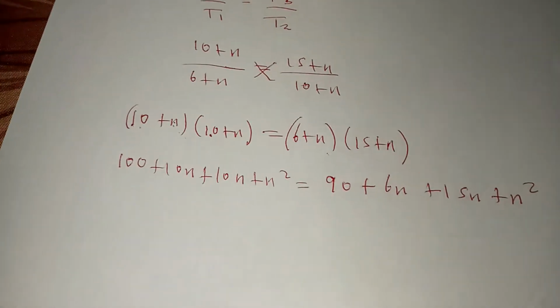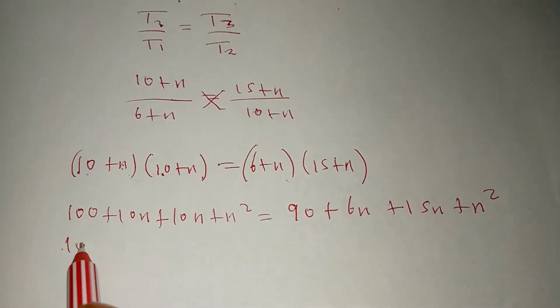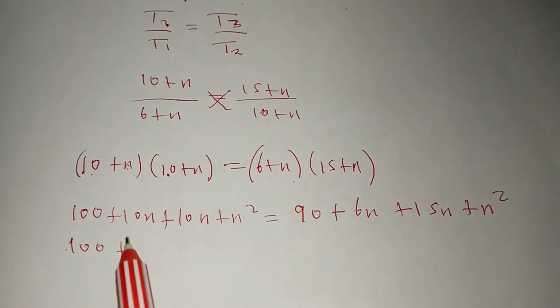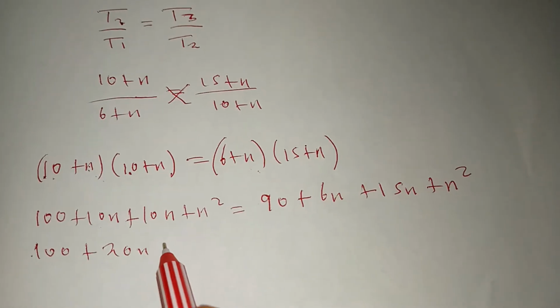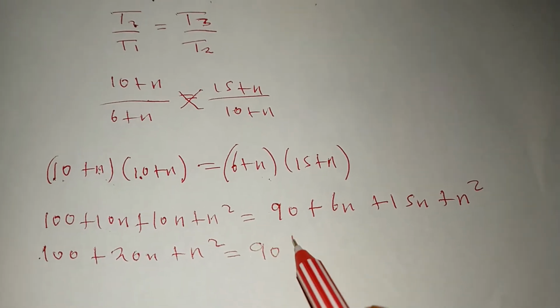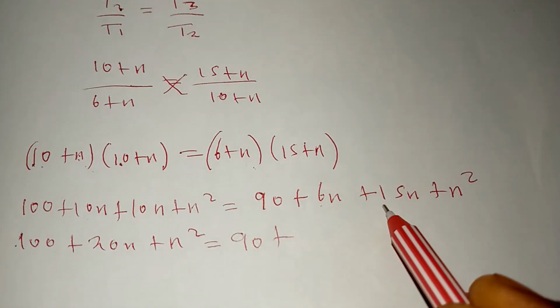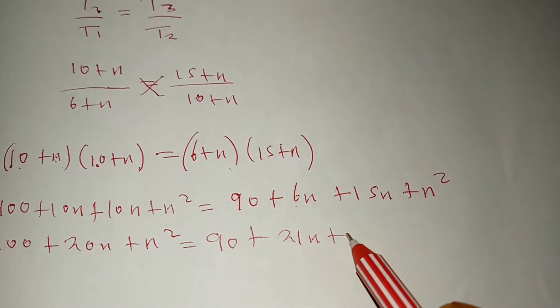So now here we now collect like terms. So this is 100 plus 10n plus 10n, that will be 20n plus n squared. This is equal to 90 plus 6n plus 15n, that is 21n plus n squared.